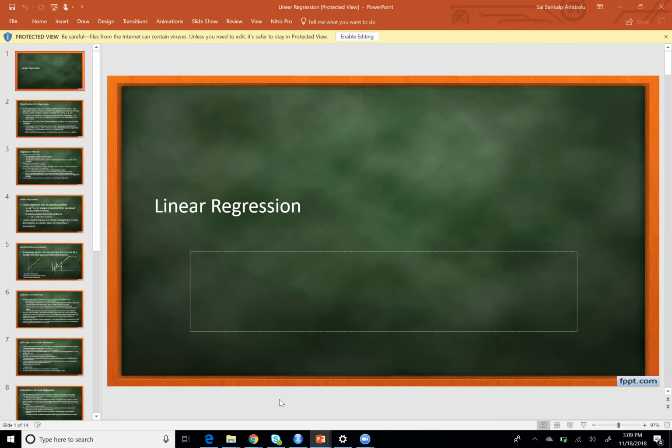Today, the lecture is going to be on regression. First and foremost, all of the algorithms we have dealt with until now are classification. What is classification?